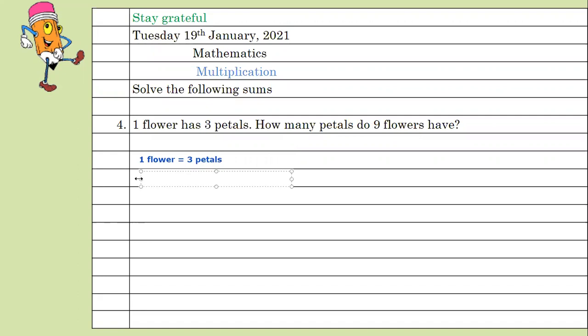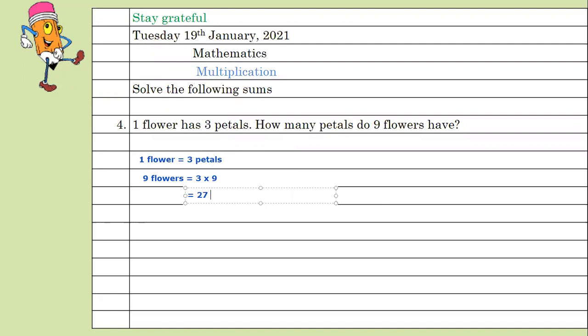So our next line will be 9 flowers equal, and what do we have to work out to find our answer? 3 times 9. We got our 3 from up here and our 9 from here. 3, that's how many petals in a flower, times 9, that's how many flowers we have. And then when we work it out, that will be equal to 27.